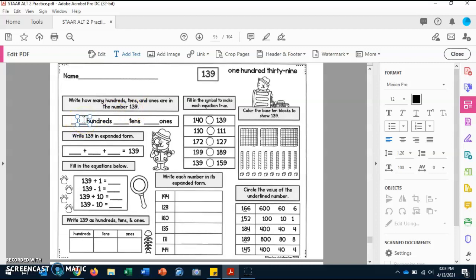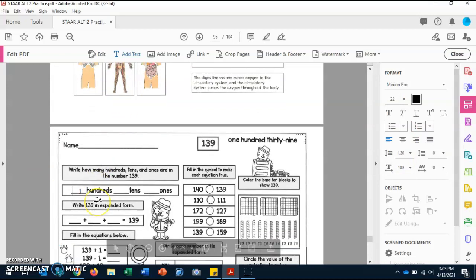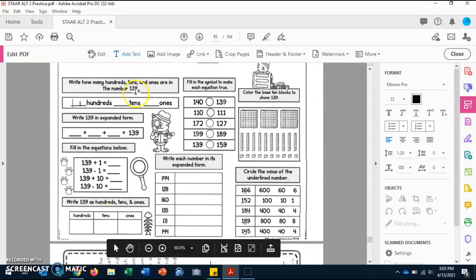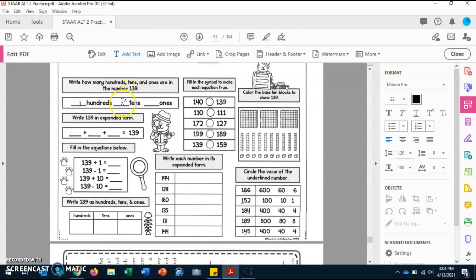Yes, good job. 1. Let me make it a little bigger because you can't really see it. But yes, there's 1 hundred in 139. How about in the tens place? How many are there in the tens?